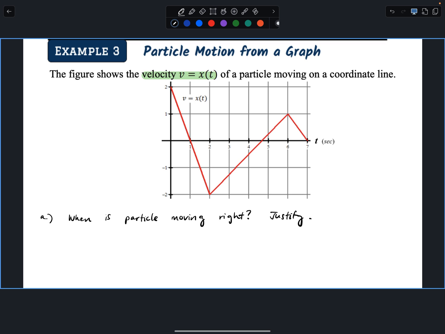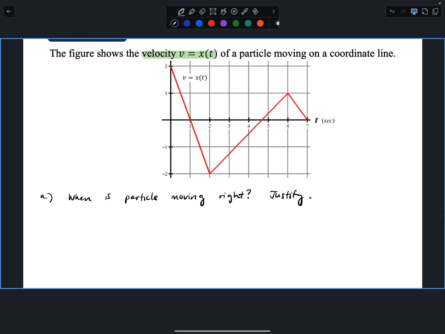Okay, so moving to the right, you guys have a box from Friday that says the particle is moving to the right when the velocity is positive. So for a second, we don't really care about slope per se because this graph shows the velocity.